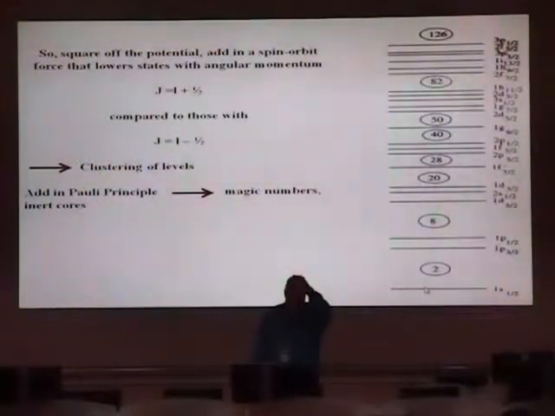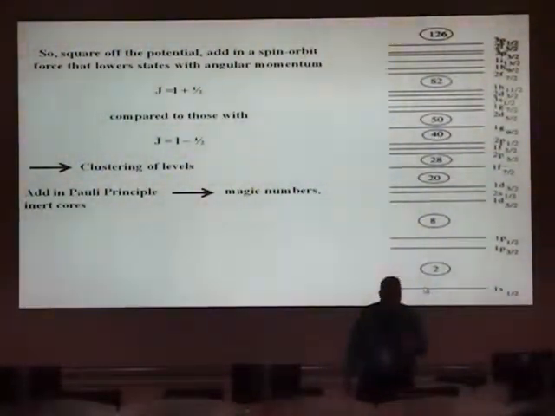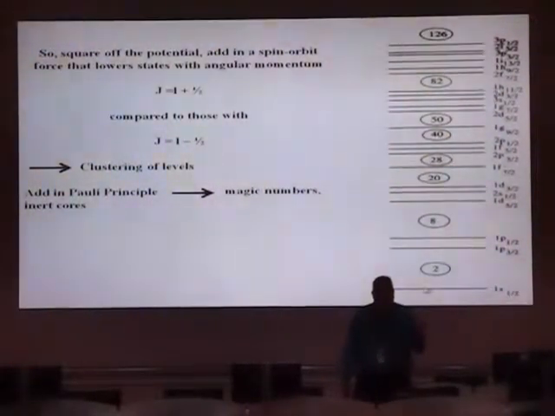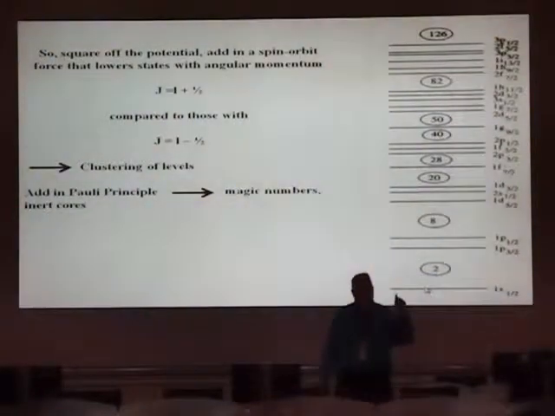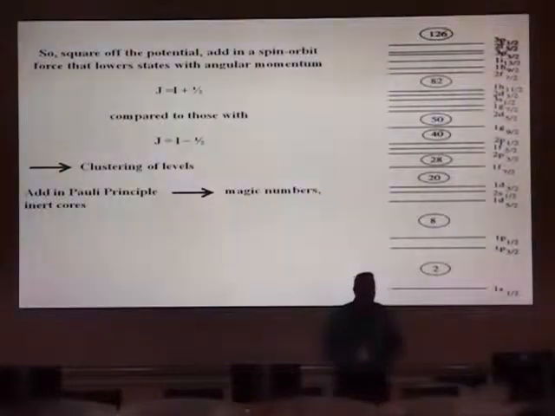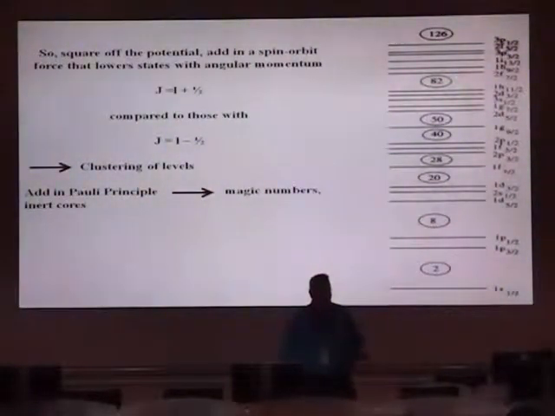Okay, if I understand your question, for the magic numbers, the shape of the potential, whether it's a harmonic oscillator or a square well or Woods-Saxon, has an effect on these energy levels. But a Woods-Saxon potential is fine. You don't need to go to anything more complicated. If you're a theorist and want to publish some papers, you can add in some extra parameters. But it's really not so necessary.